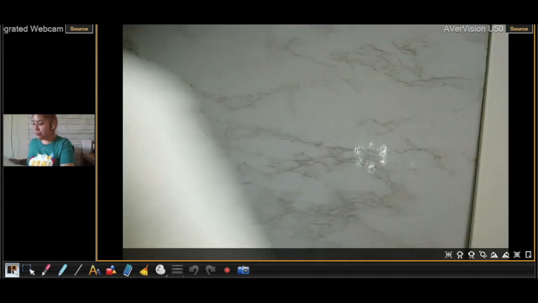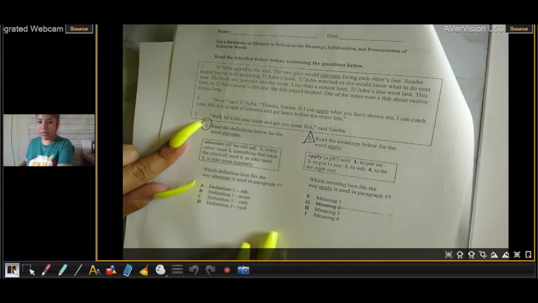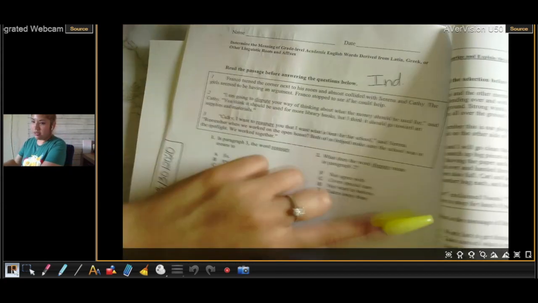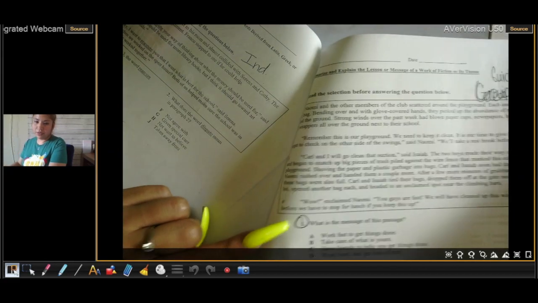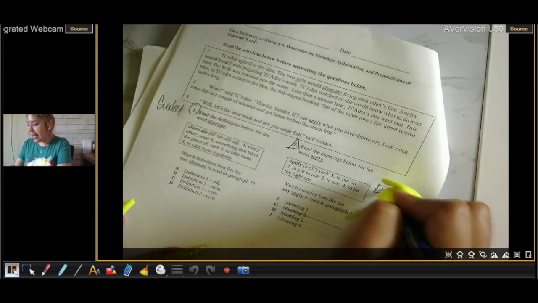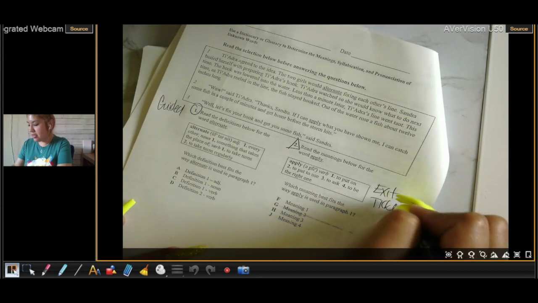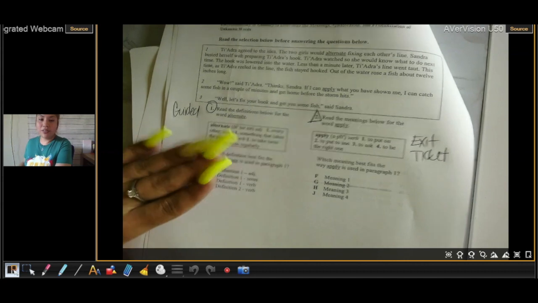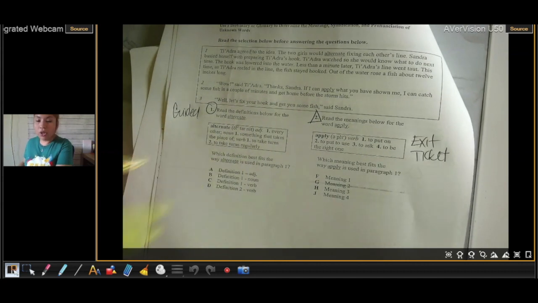Once you flip it over, if it has a circle, it's what? Circle is guided. So yes, this one will also be guided. And this one is part of your exit ticket. You are not turning this one in today. You will be turning this in tomorrow.